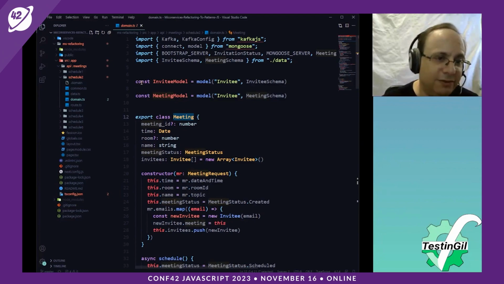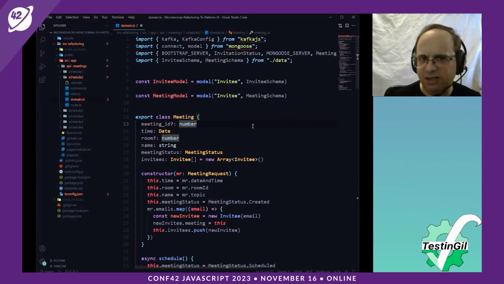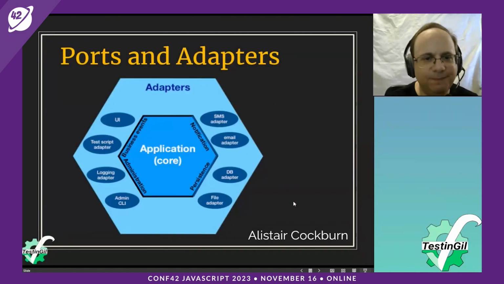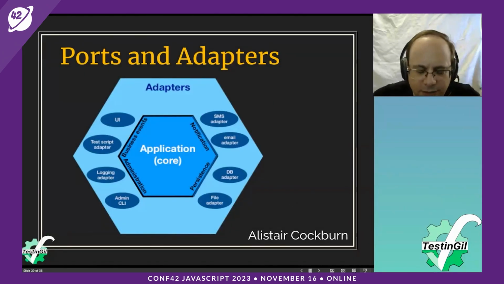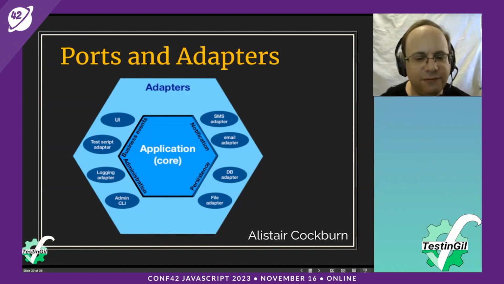We still have these things, the models that we're going to use. So we talked about coupling and cohesion. Our code is still coupled to the database, we just moved stuff around. Okay, didn't do much, but organization helps. Next thing we're going to talk about is the idea of ports and adapters. And this comes from like 40 years ago by Alistair Cockburn, one of the people who created the Agile Manifesto.